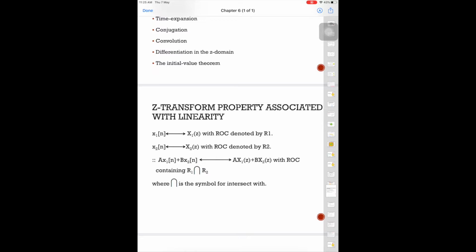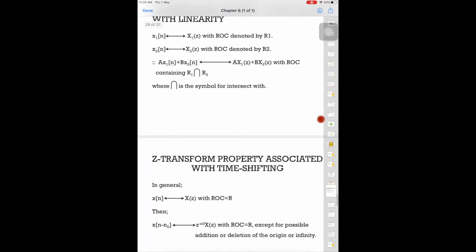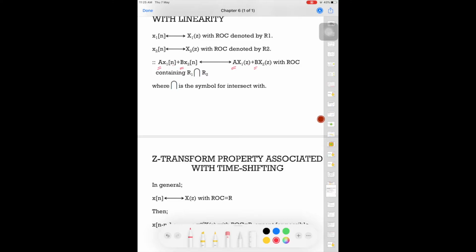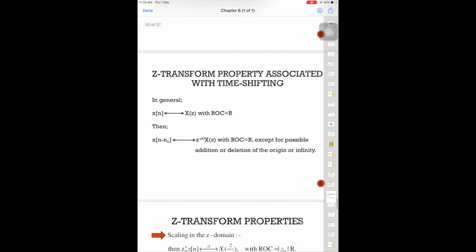What you have to do is just replace your n with z. That's it. But to ensure it is linear, make sure it uses the same constant and there is no time shifting. So it is linear.